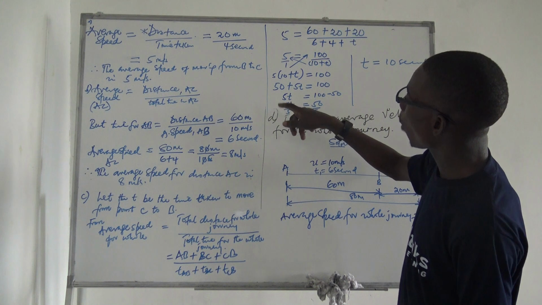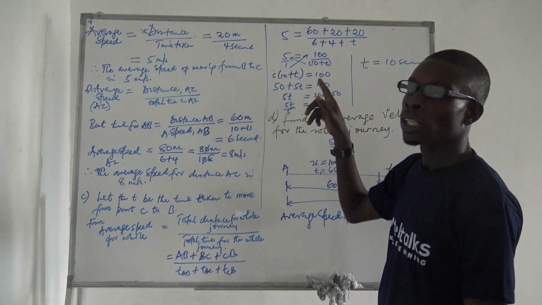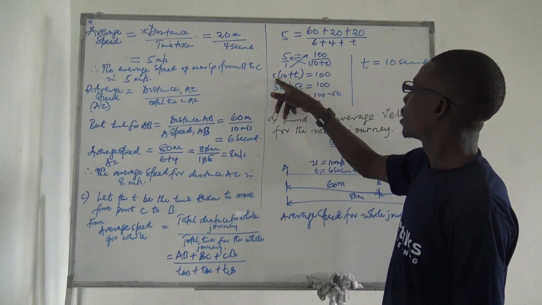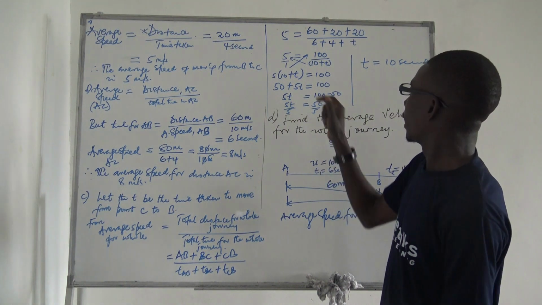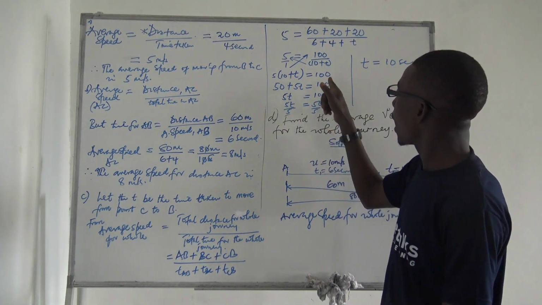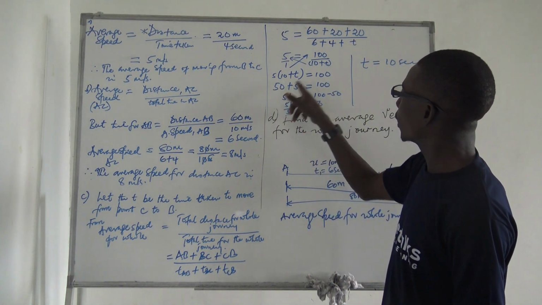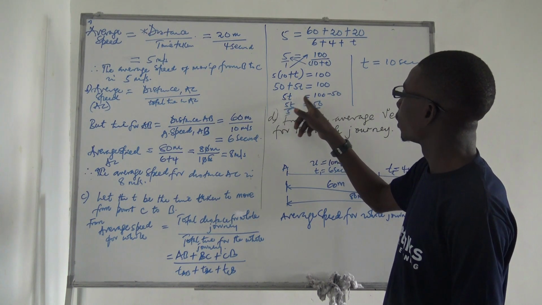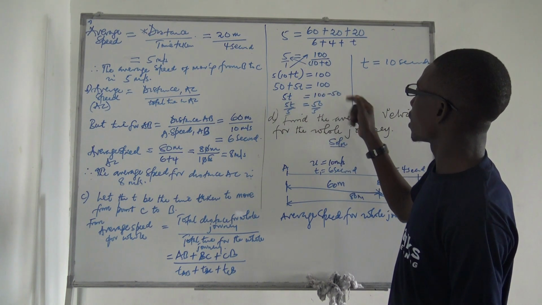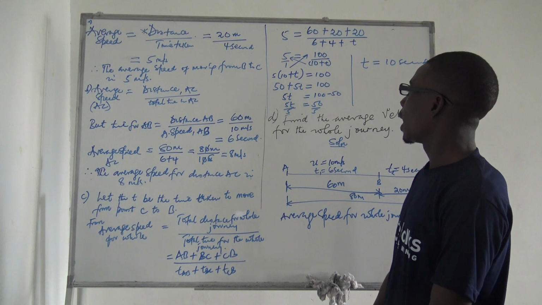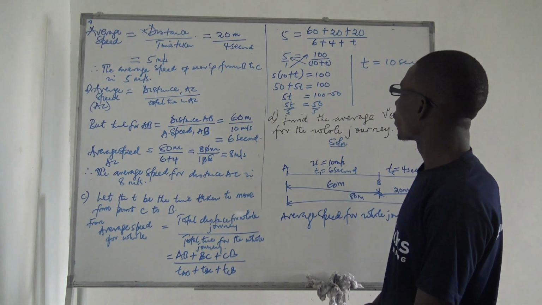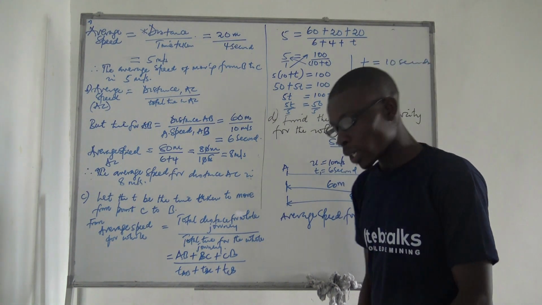Okay? And if you open, you'll get 50 plus this time that 5T equaling to 100. Is that okay? And now if you take this the other side, you shall have 5T equaling to 100 minus 50, which is 50. And then divide both sides, you're going to come up with the T equaling to 10.